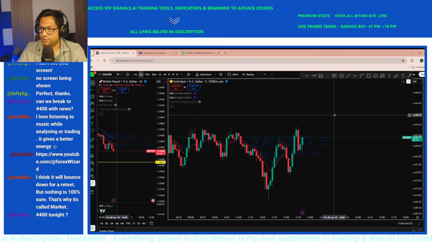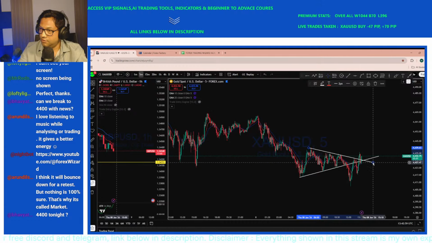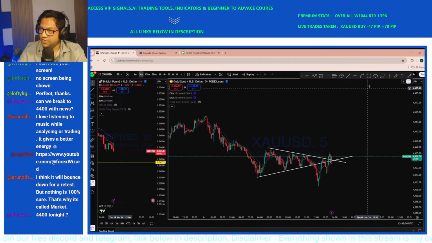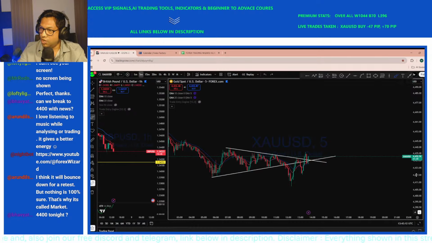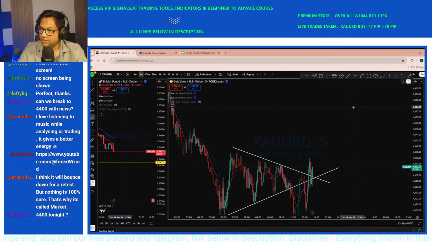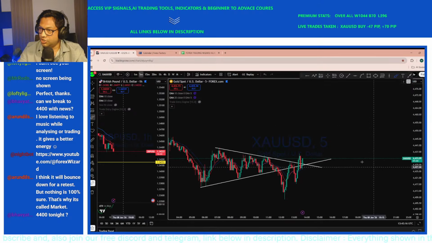Okay, so if you look here, there was a break below from that, and then the market is maintaining this series of higher highs and higher lows, an uptrend. With this uptrend, we can see this market structure is now building its momentum back to the upside.